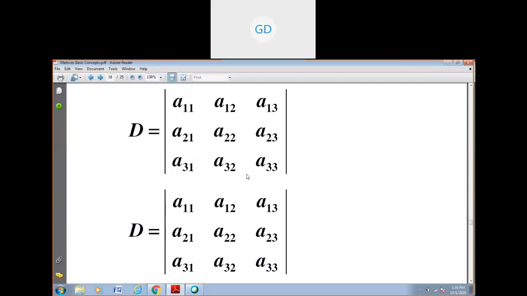If a matrix is there with exactly these rows and these columns, the same elements, just within first bracket or third bracket, and we have to find its determinant, then we have to write all the elements of the matrix between two vertical bars like this. So in this way we have to express the determinant.